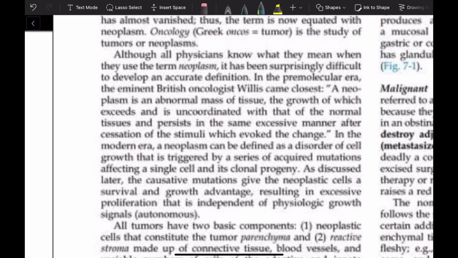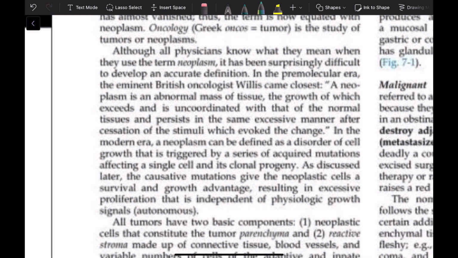Although all physicians know what they mean when they use the term neoplasm, it has been surprisingly difficult to develop an accurate definition. In the pre-molecular era, the eminent British oncologist Willis came closest.